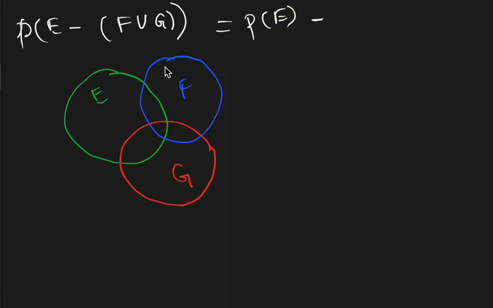That means we have to subtract these two regions. So F union G, what is F union G? If this is F, this is G. Now we have to subtract both regions from E.